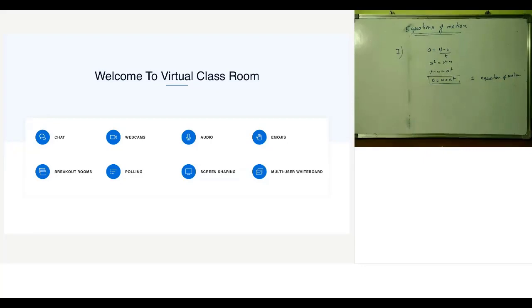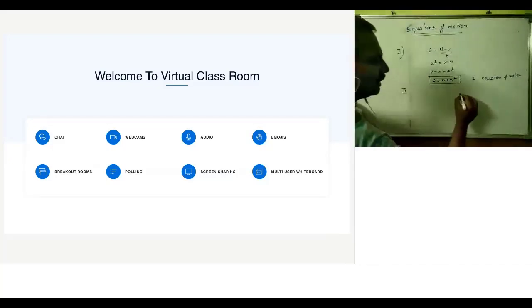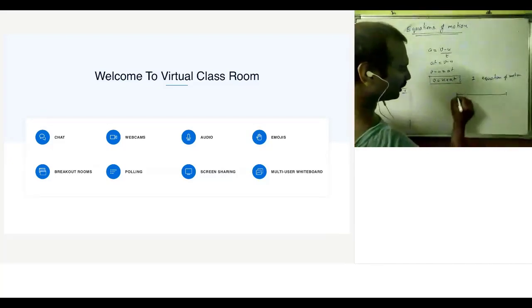Now let's look at the second equation of motion. So how do we get the second equation of motion? Let's say this is the distance that the body is covering.